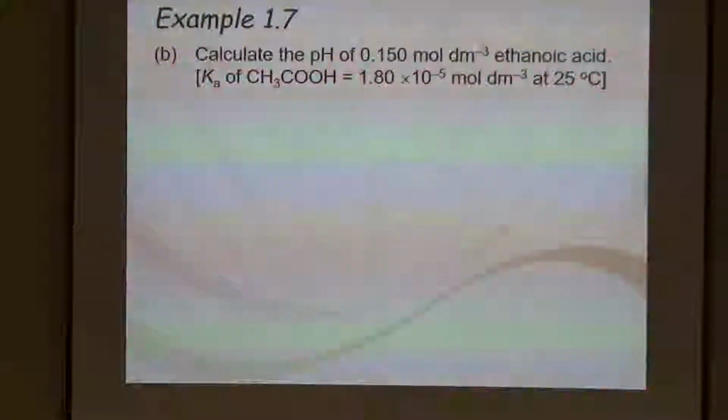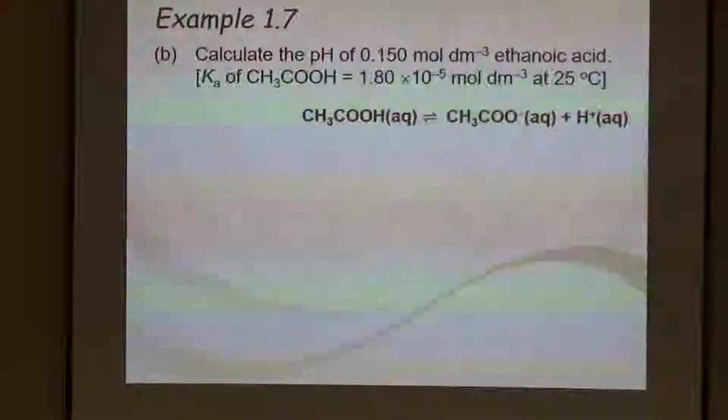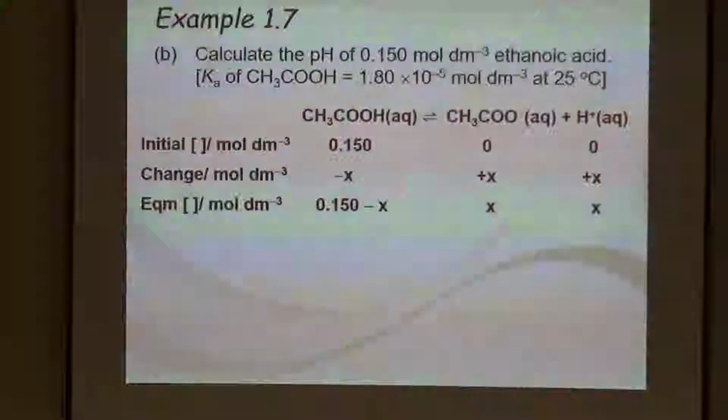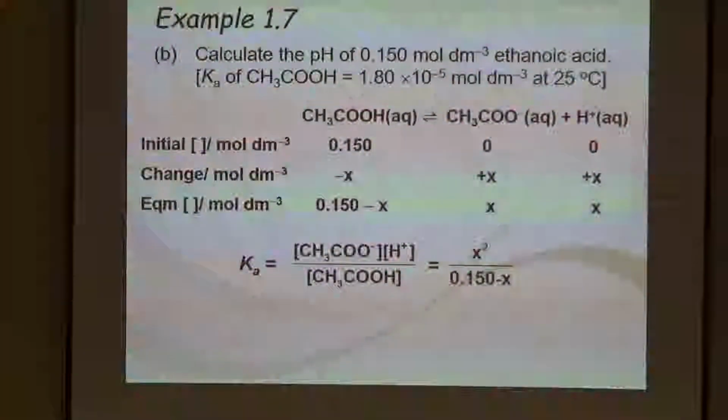So calculate the pH of 0.15 mol per dm cubed ethanoic acid. They give you the Ka. So that's your equation. Now, write out the ICE table: the initial concentration, the change, and the equilibrium. So you will be able to get that expression.